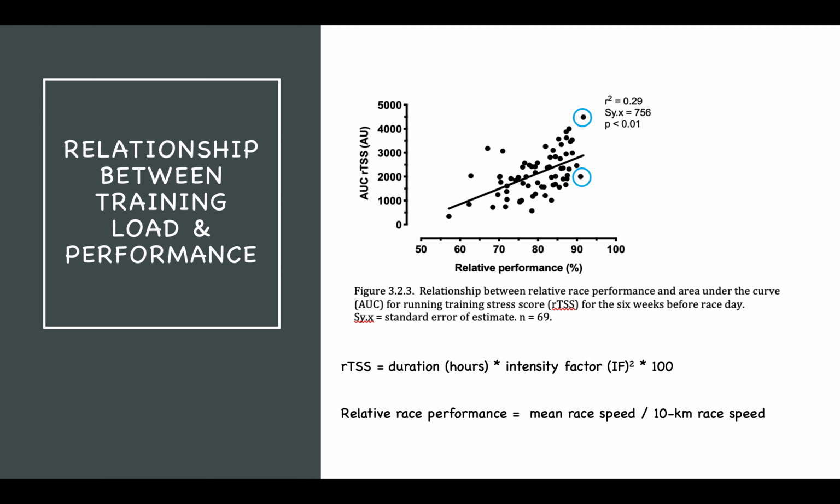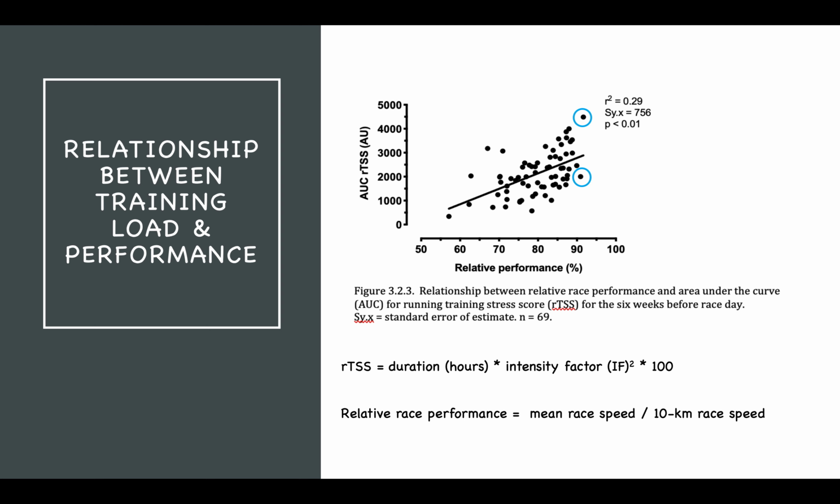The runners who had better relative race performances had higher training load that they completed for the 6 weeks leading up to race day. However, it's important to take into account that even though we had a significant p-value, the r-squared value was only 0.29. So it's certainly nowhere close to a perfect linear relationship.